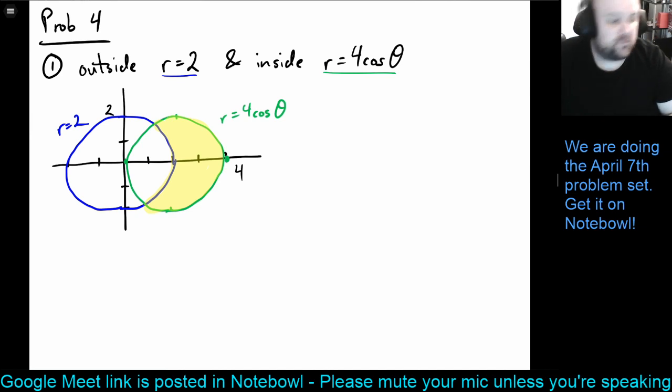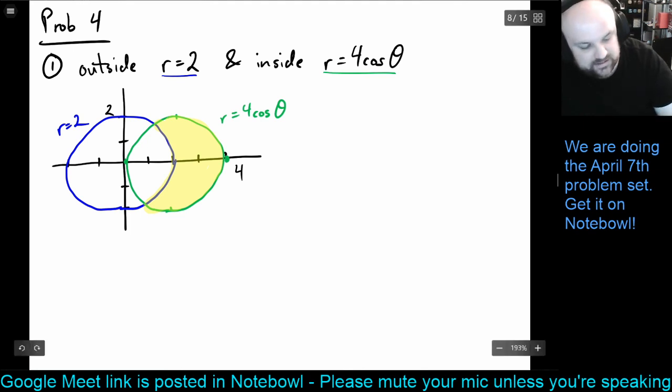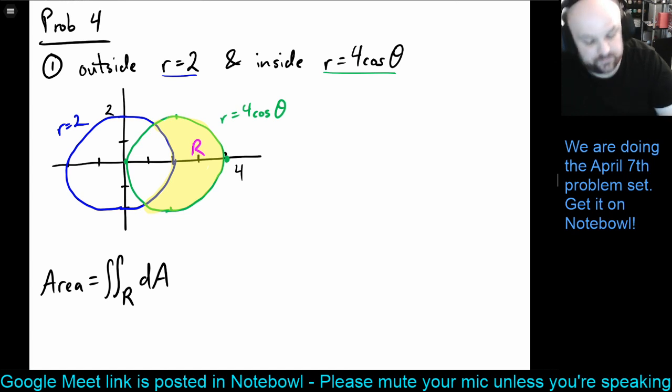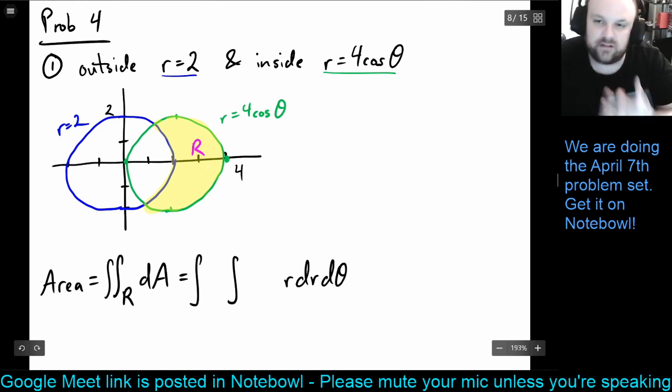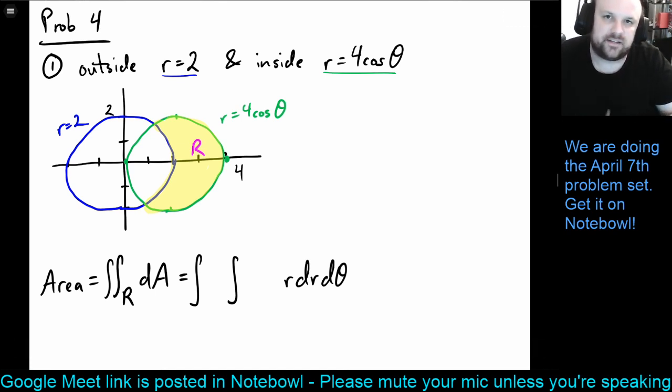So when we're trying to set up bounds for an integral like this, let's call this region R. The area here is still the double integral of R dA. So this doesn't change. Here we need to figure out some theta values, some r values, and then we have r dr d theta. Again, doing the r integral first is going to make more sense here.